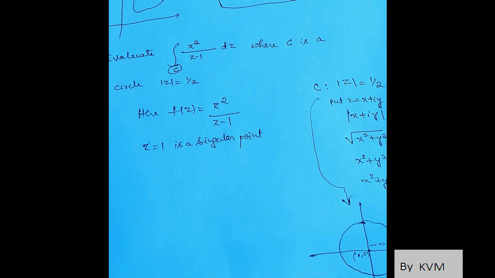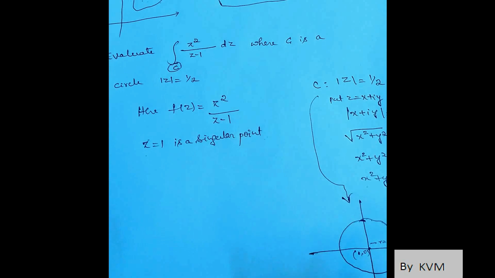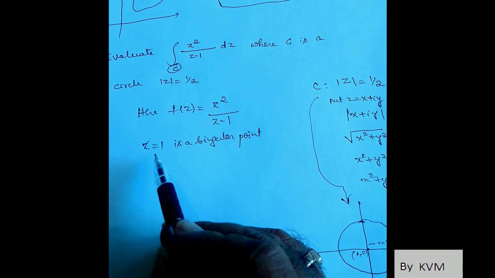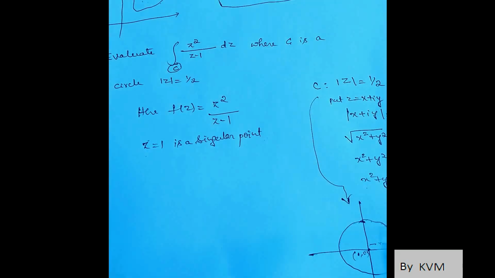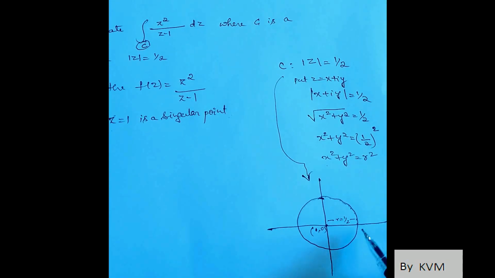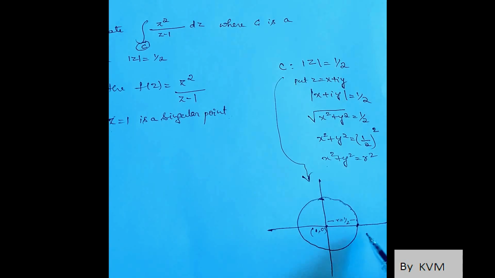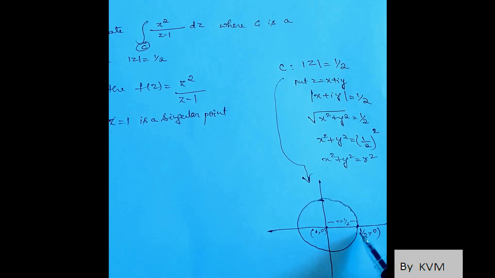Now, after writing the circle, we have to identify whether the singular point z equals 1 lies inside the circle or outside the circle. If you see the circle, the point on the x-axis is 1 by 2 comma 0.